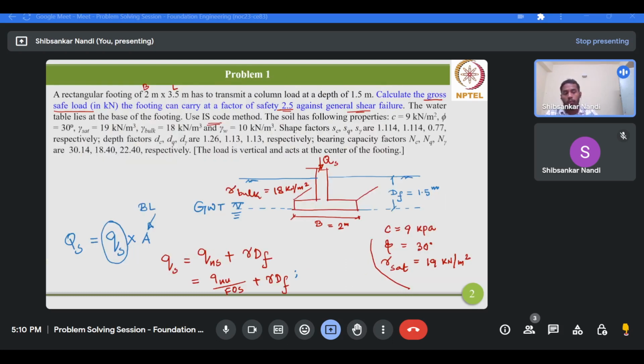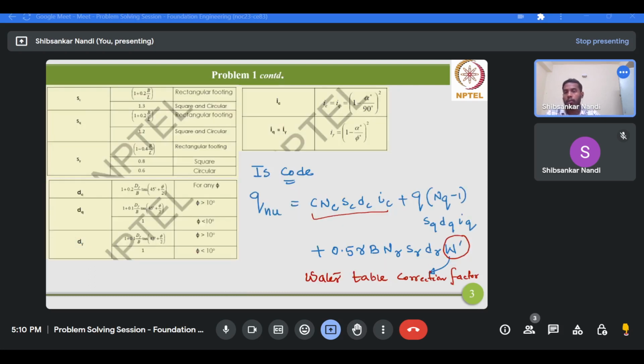So the shape factors you can easily calculate utilizing this table, which is taken from the IS code. Here Sc, Sq, S gamma are given for different shapes of footings like rectangular, square, or circular. To calculate them, you only need to know the width and length of the footing.